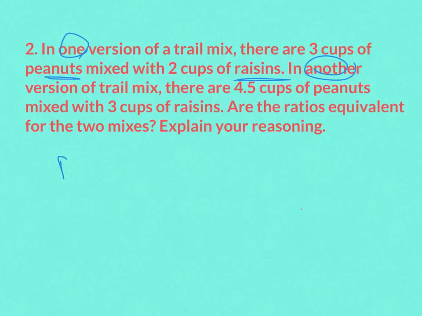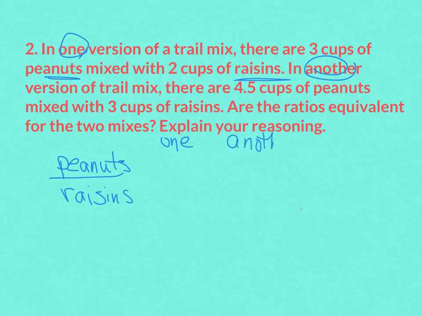And I know, again, I'm comparing peanuts over raisins. And I'm just going to label these as 1 because that's how it refers to it in the problem, and another. So I've got all my words here. So now I really just need to put in my numbers and see if this is a proportional relationship.